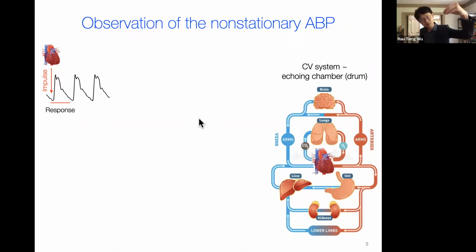This impulse behaves like an impact on the cardiovascular system, as on a drum. So what you get is the response of the cardiovascular system to this impulse, and it repeats.